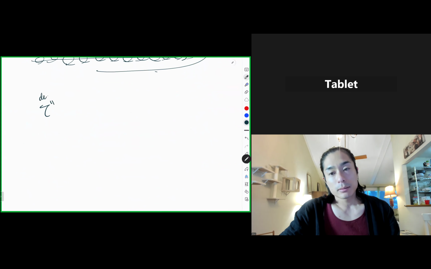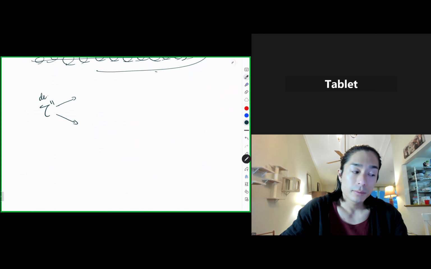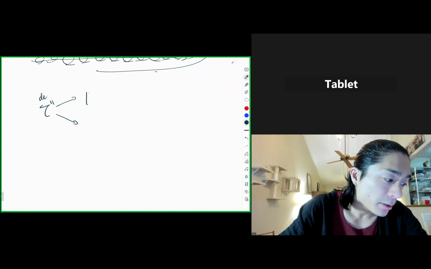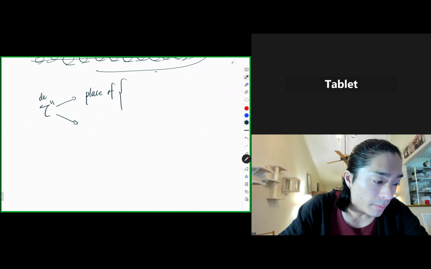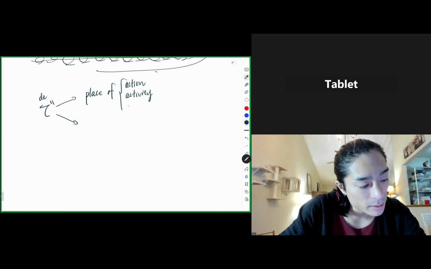De is a little bit confusing. De has two different functions, okay? First one, place of action, place of activity, place of event.